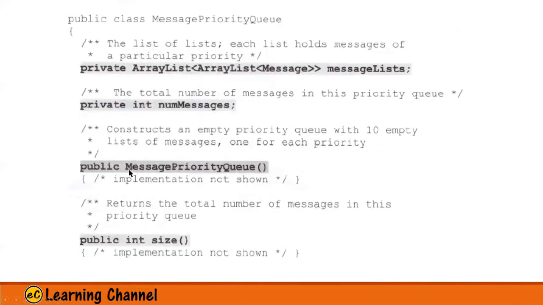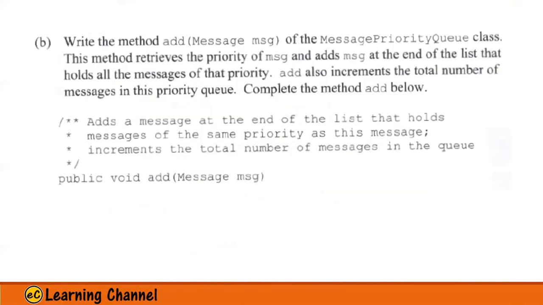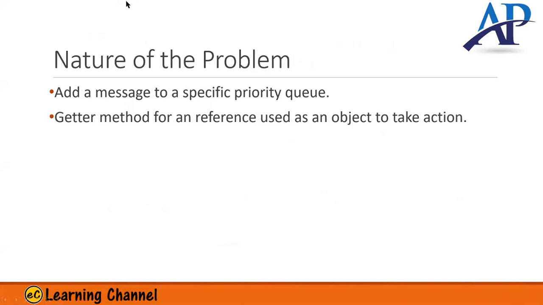So you can declare a Message reference and then hold a certain object. Assume that this is a message reference, and then you can get its priority, and then you should add that message into that certain priority queue.